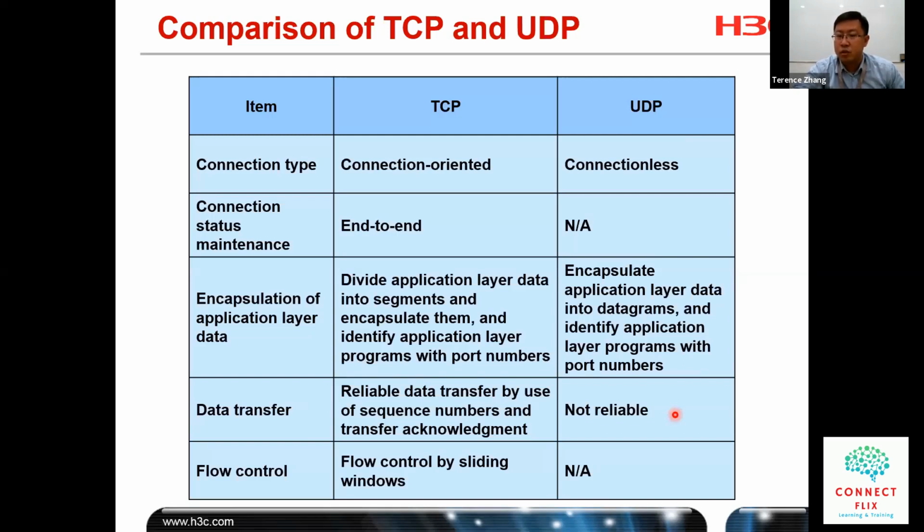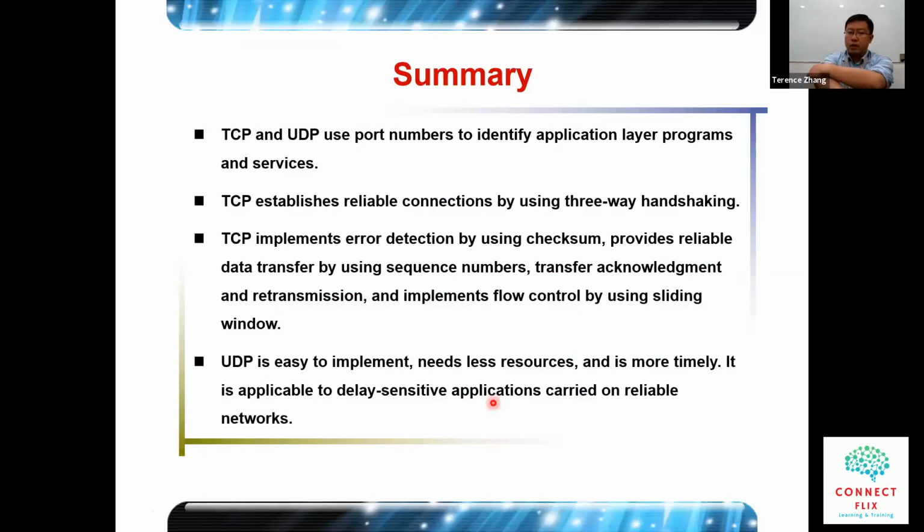That means if you use UDP, the application layer protocol had better have a reliability control mechanism. But if you use TCP, TCP will guarantee the reliability, so the application layer protocol will be relieved. Okay, so this is the TCP and UDP chapter.